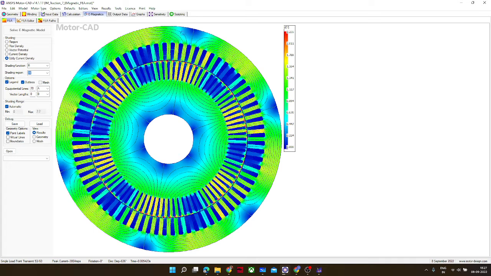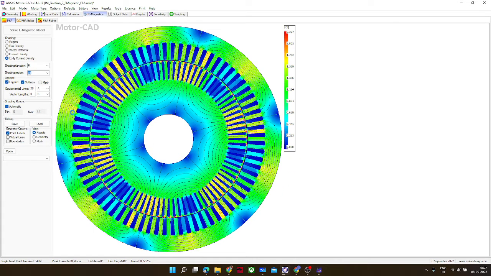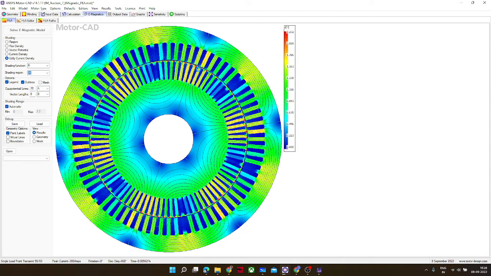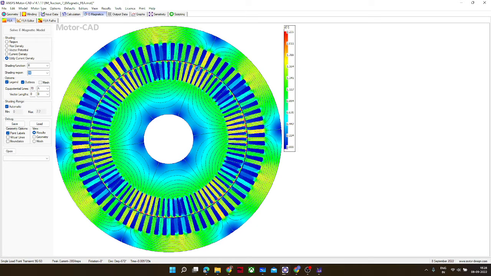So you can see this six pole. How is it a six pole machine? Because six flux paths are completing, and the number of flux loops completed in any motor is equal to the pole number. So you can say it.